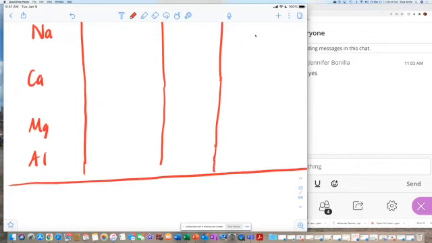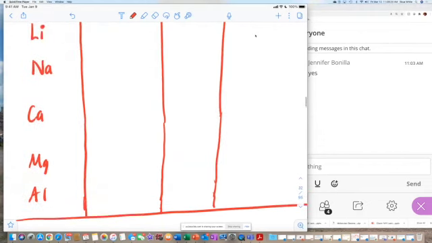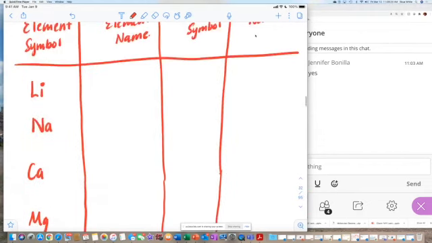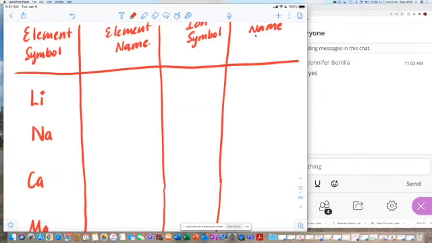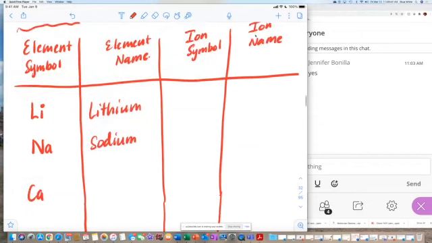Okay, so let's see. Since I'm kind of making this up as I go, I have to remind myself of what I'm doing. These are the elemental symbols. What is their regular name? Their regular name of the element is lithium, sodium, and remember, these cations are mostly metals.